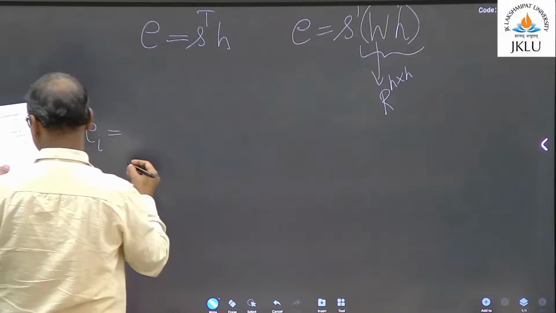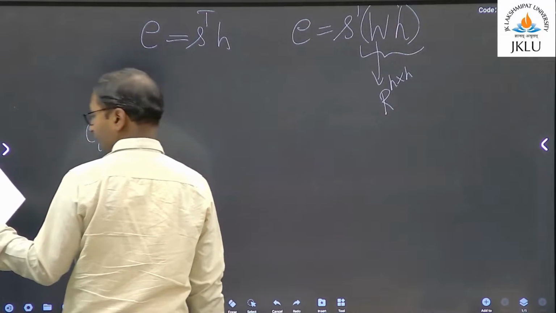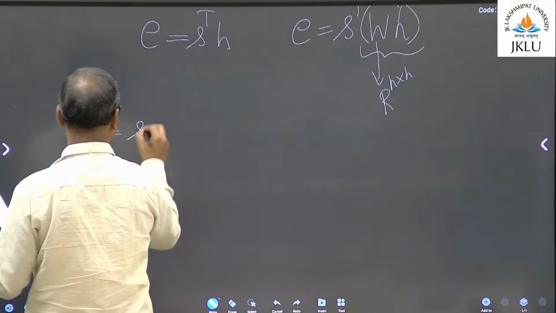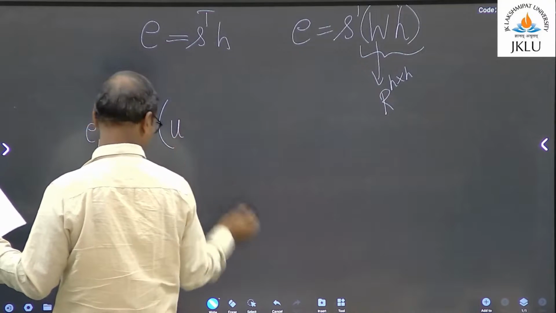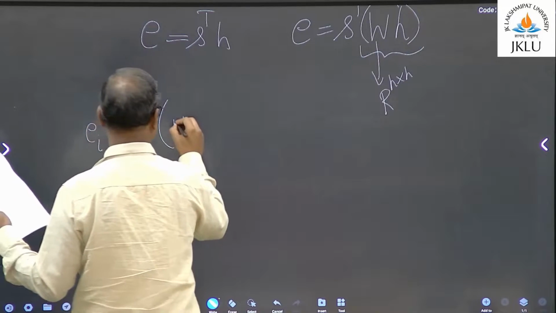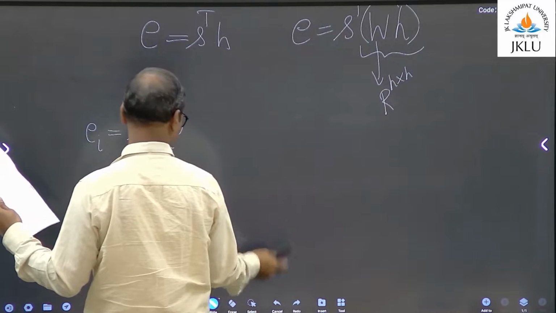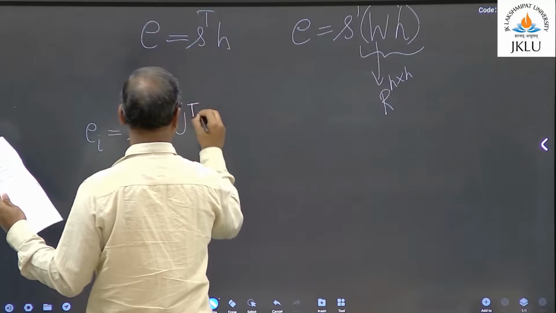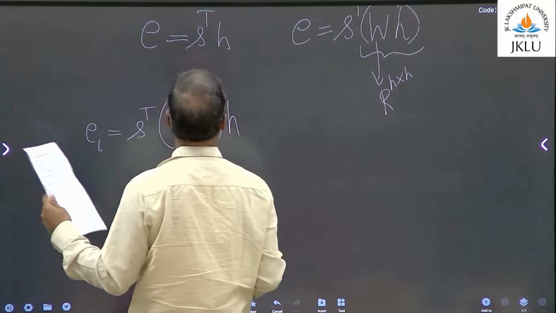So e_i is written as S transpose U transpose V H.